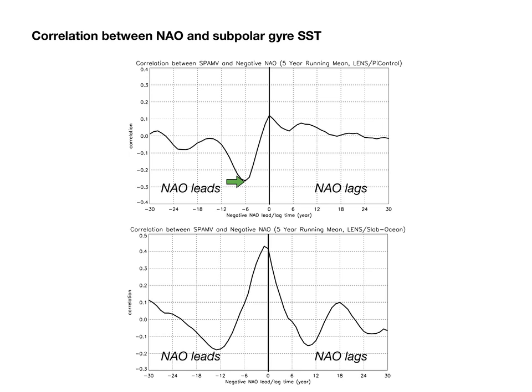That means we have a positive NAO 6 years before the ocean reaches warm subpolar gyre conditions. So a positive NAO leads a warming in the subpolar gyre. The correlations are not very high, but they are significant because we have 1,800 years of data in this case.